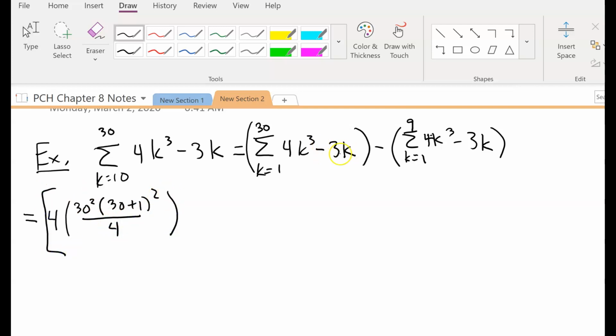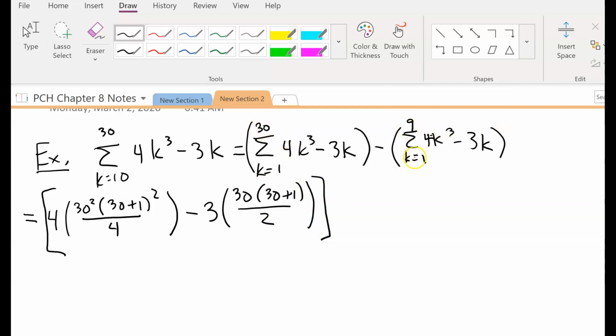And then for minus 3k, I'll factor out the 3, and the closed form for k is k times k plus 1 divided by 2, which is 30 times 30 plus 1 divided by 2. So that takes care of k equals 1 to 30.